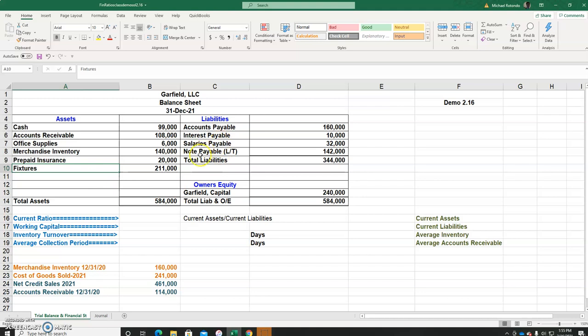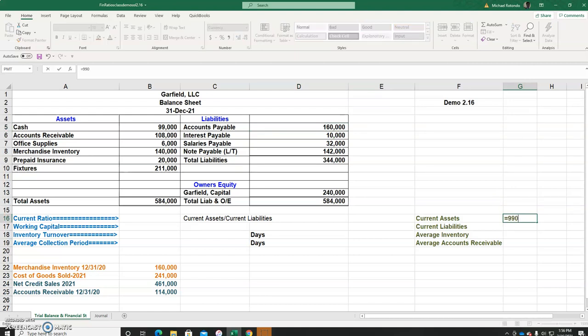With our current liabilities, we have this long-term note payable, meaning that this is due sometime after a year. So our current liabilities would include accounts payable, interest payable, and salaries payable. So what we need to do is calculate our current assets.